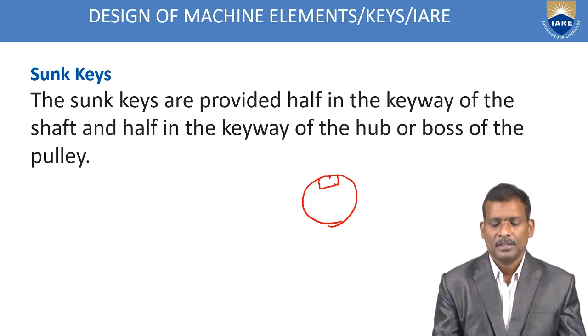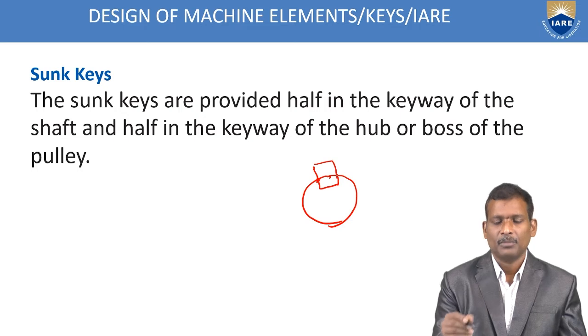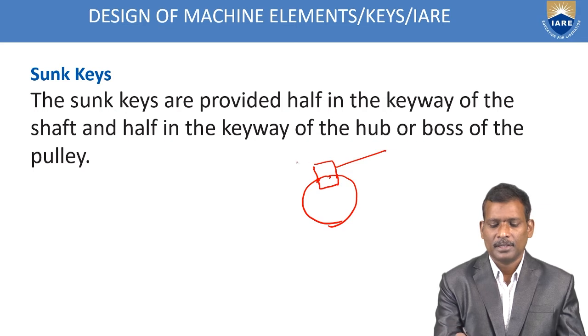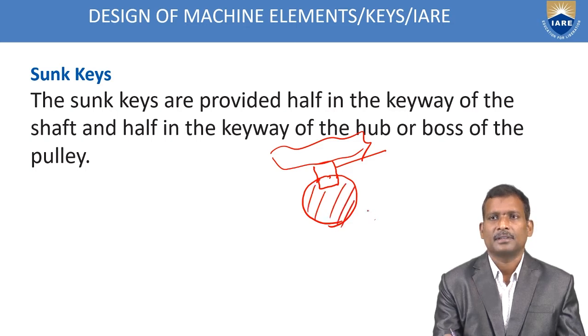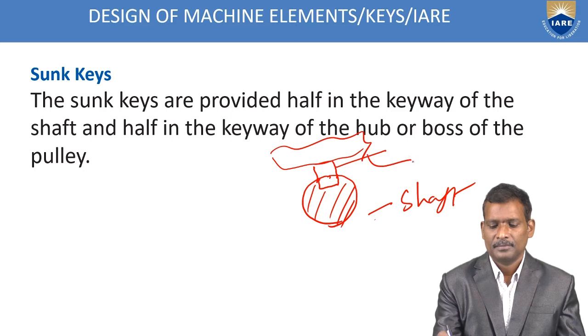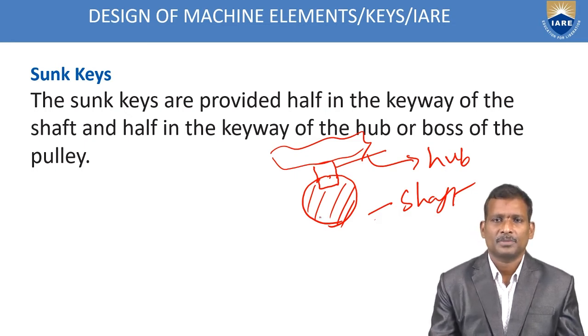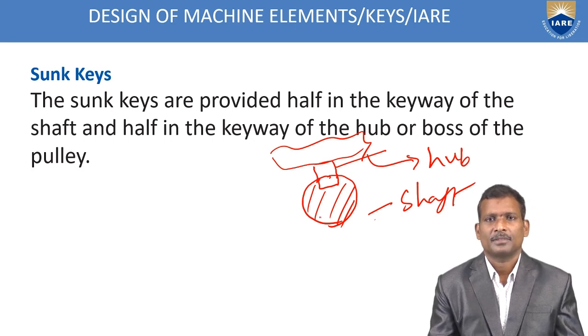The slot is made on the surface of the shaft, and similarly in the hub portion also. So half portion is inserted into the hub and the remaining half portion inserted in the shaft. The machine element mounted on this shaft to transfer the torque is called the hub or boss.